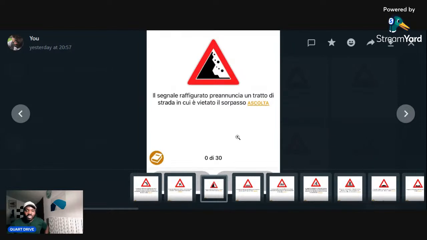The third question says: il segnale raffigurato preannuncia un tratto di strada in cui è vietato il sorpasso.